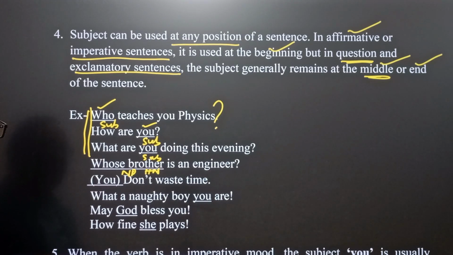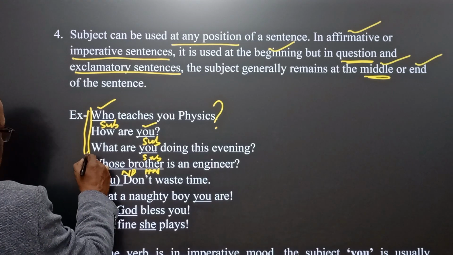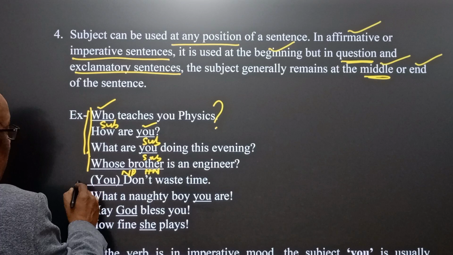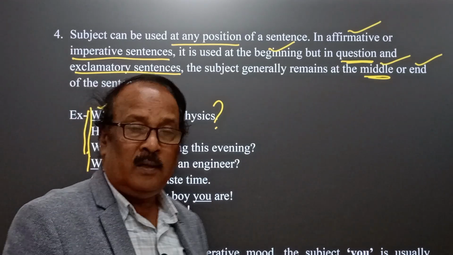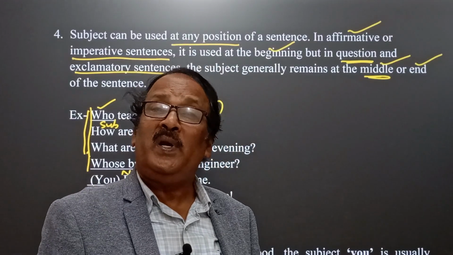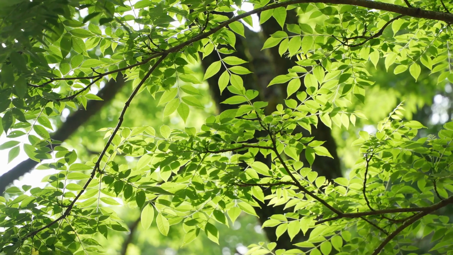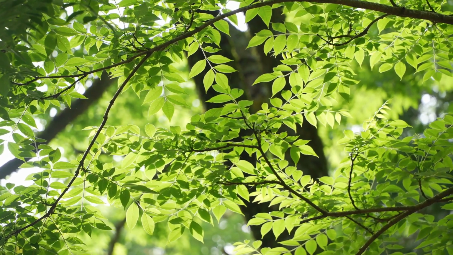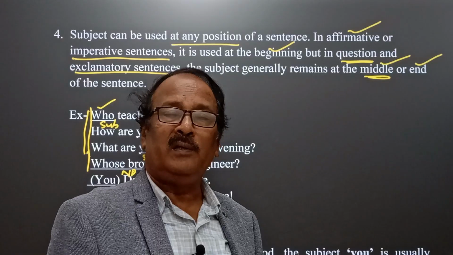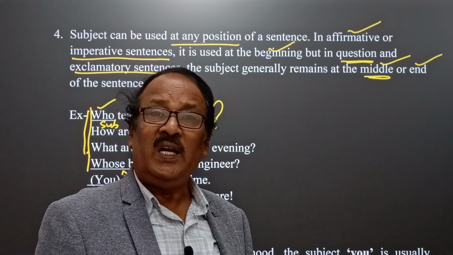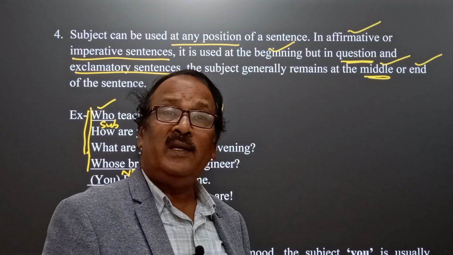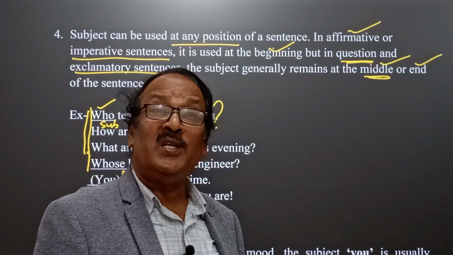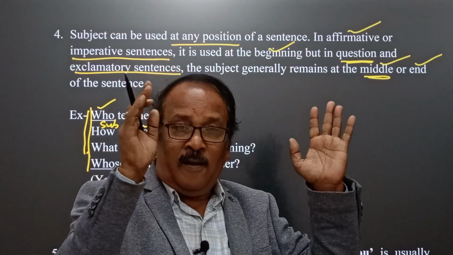Now come the next idea. Again, the matter is clear. Again, that is an imperative sentence. Don't waste time. Yes, my dear students, an imperative sentence, as you know, is a sentence which expresses order, advice, request, suggestion, or instruction.